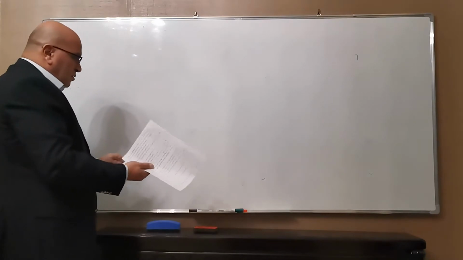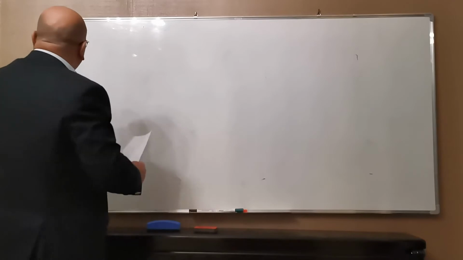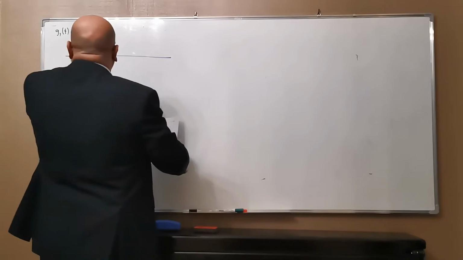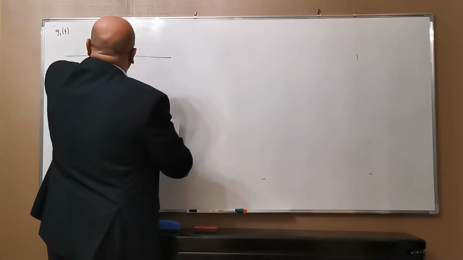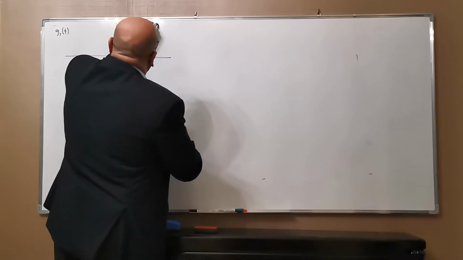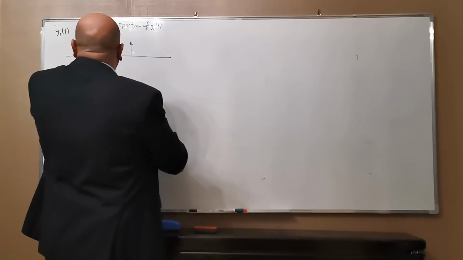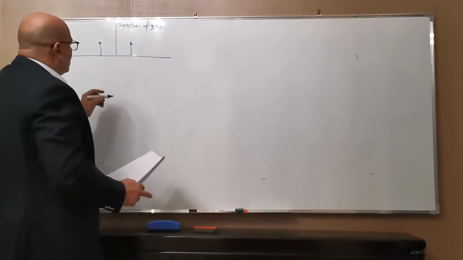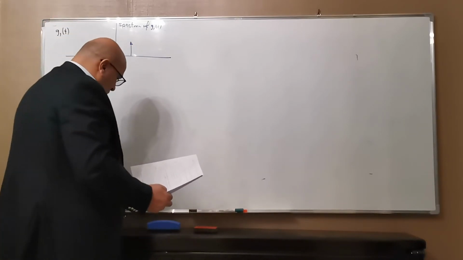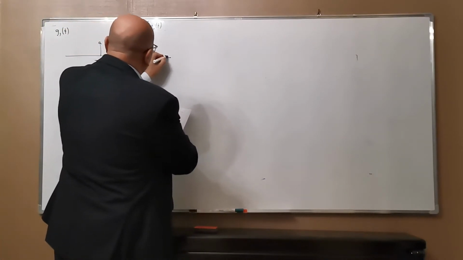Notice that, with some multiplicative constant, if we take G1 of t and look at its spectrum, G1 of f, you will have two arrows, one at -3 hertz and one at +3 hertz.